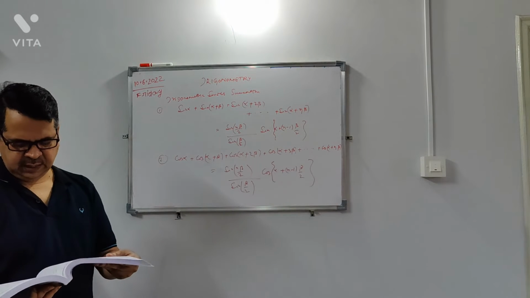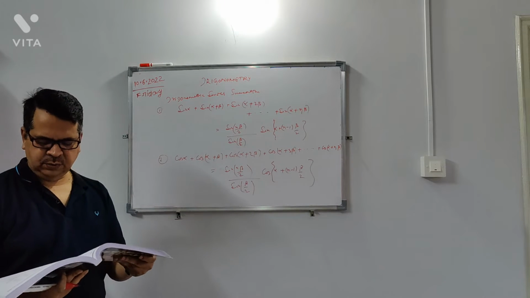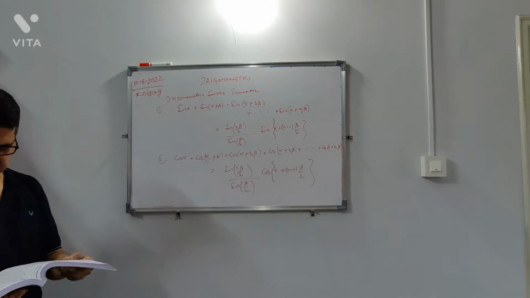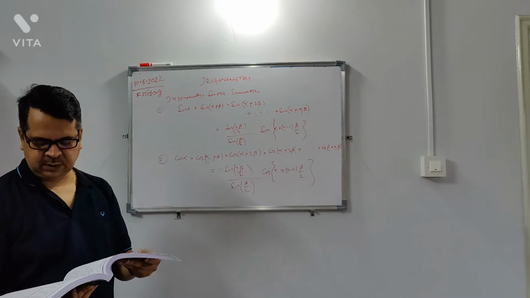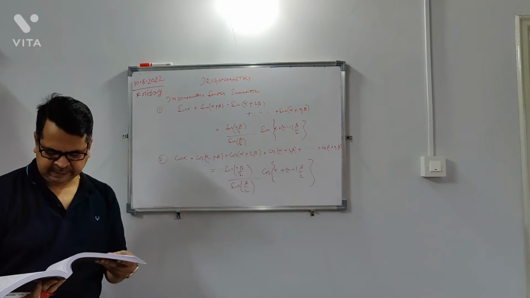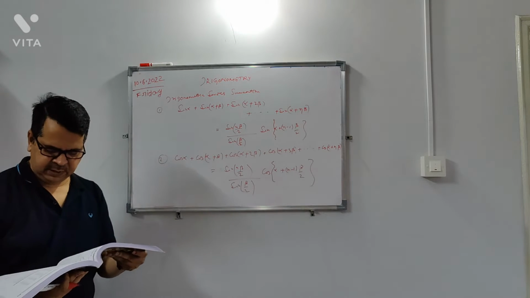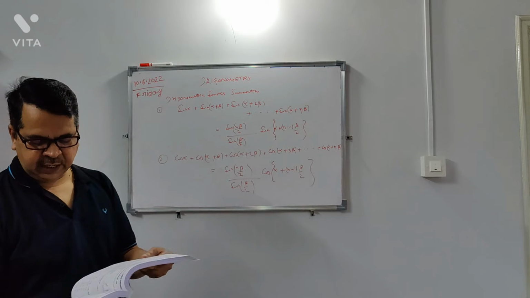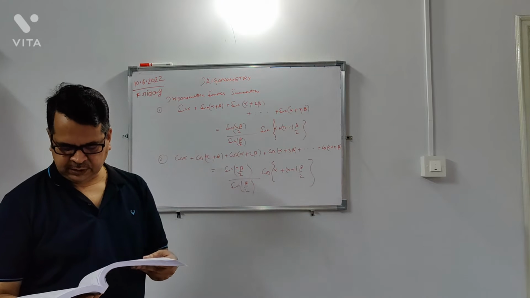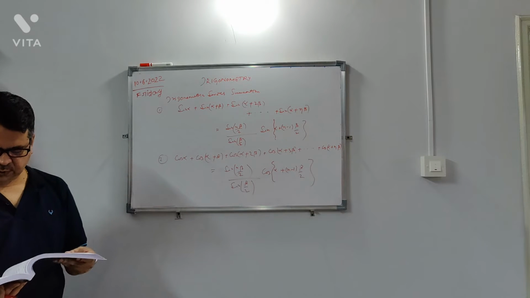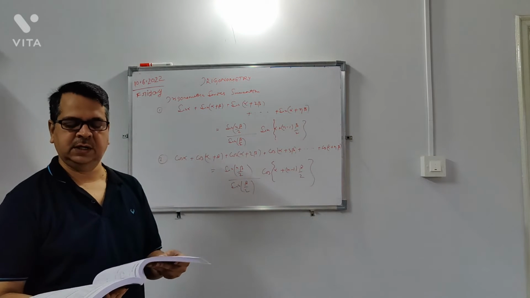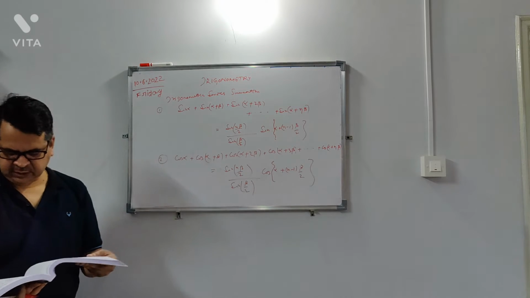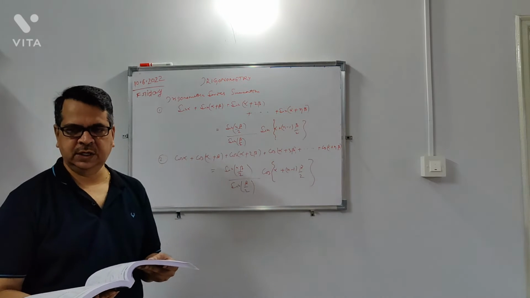Like say sin 2a is equal to 2 tan a divided by 1 plus tan square a, cos 2a is equal to 1 minus tan square a divided by 1 plus tan square a, tan 2a is equal to 2 tan a divided by 1 minus tan square a. Similarly, sin 3a is equal to 3 sin a minus 4 sin cube a.